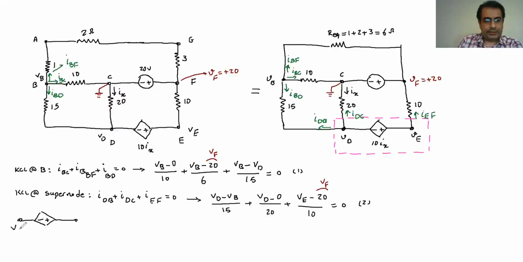So it's going to be VD, and it's going to be VE at the other end, and I know that this is going to be 10IX. Now for that one, again, I know that if I go from the negative to positive sign, I can say right that the VD plus the voltage here, and how much the voltage here is 10IX, plus 10IX. Oops.